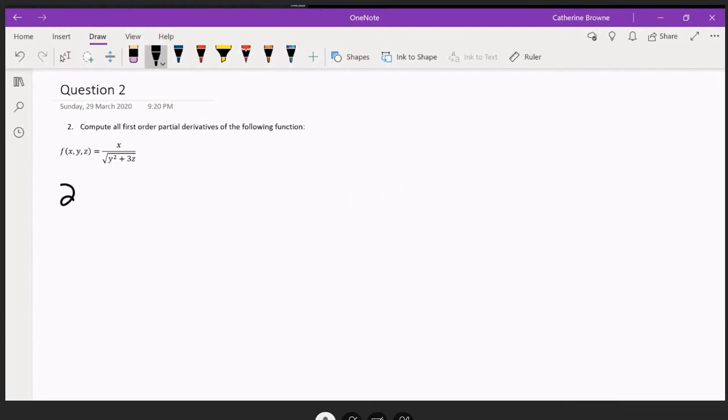So df dx, thinking about y and z as constants, if I differentiate this with respect to x, I just get 1 over the square root of y squared plus 3z. Can everyone see that that's the case?